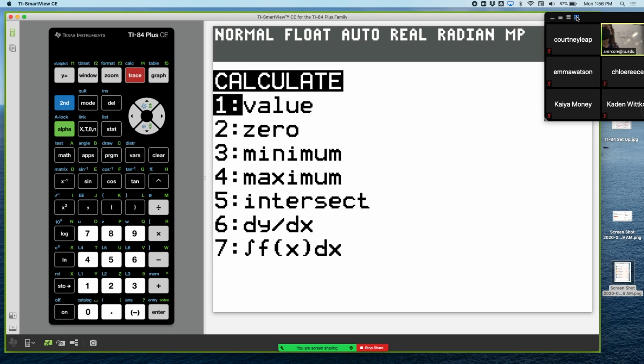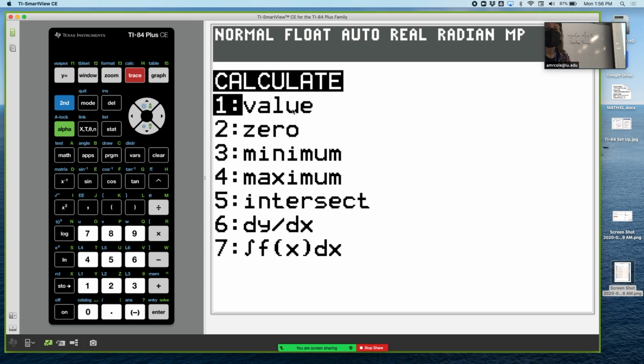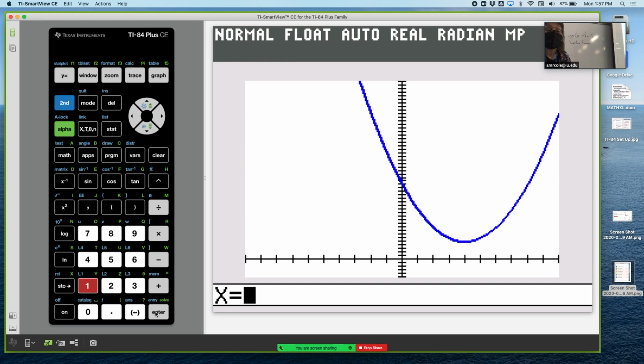Okay, all right, so it's the value. Sorry, I just said that wrong. All right, so I'm going to hit 1, because what's it going to do? It's going to come up here and ask me for my x. If I'm trying to find that y-intercept, it's going to be 0 something, so I'm going to punch in 0.